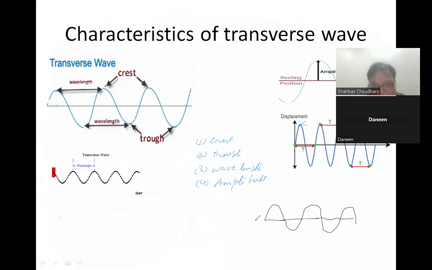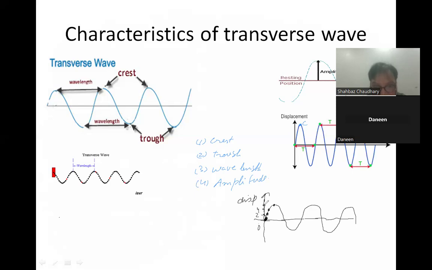This is a wave. Let's say it is the displacement axis. Now look, what is the displacement of the particle here? 0. Here the particle is, let's say, 2. Here it is 4 meters, or centimeters or millimeters.